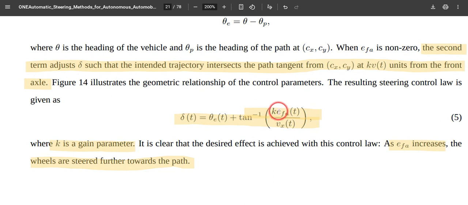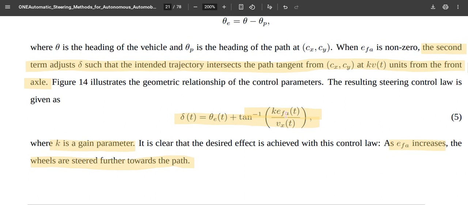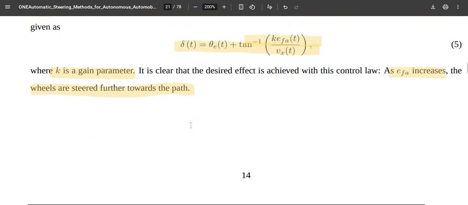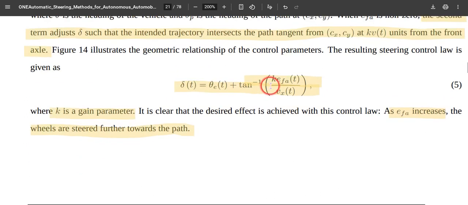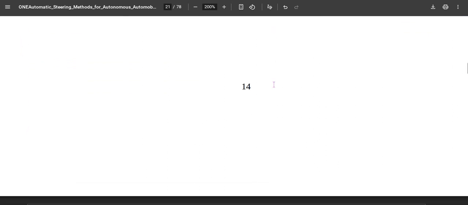This is a nonlinear term which is proportional to the lateral offset distance between the vehicle and the path. As EFA increases, this gives more steering angle to keep track along the path, and k is a gain factor which will be based upon the velocity.